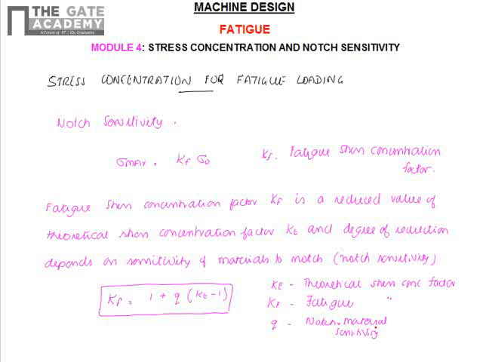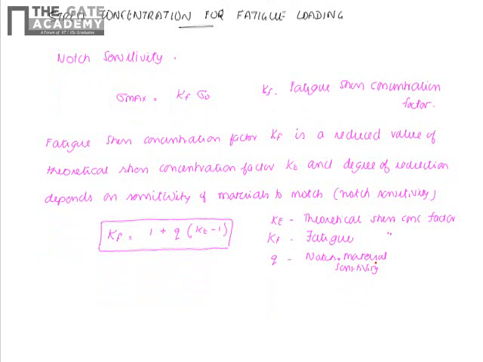So, notch sensitivity is a material property and a theoretical stress concentration factor is a geometry property. So, materials can be divided into different classes based on this notch sensitivity. That is, some materials will be fully sensitive to notch.